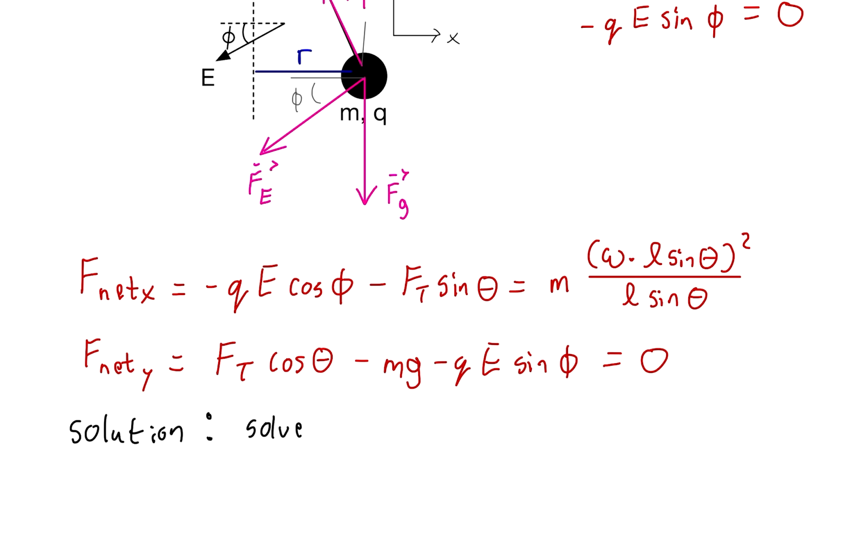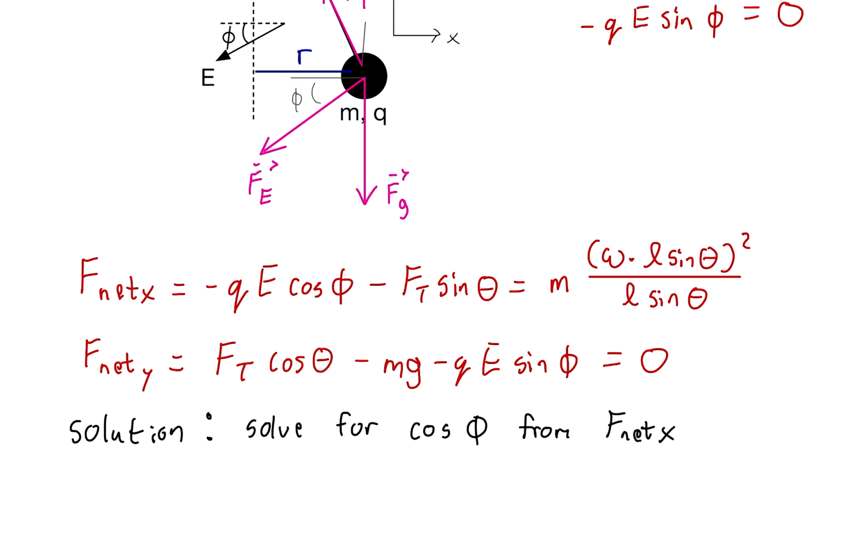Okay, some big term with some terms in the numerator, and then as you can see, a qE in the denominator. And I'd factor out a negative so you don't have a leading negative. But regardless, you're going to solve for cosine of phi from F net x.